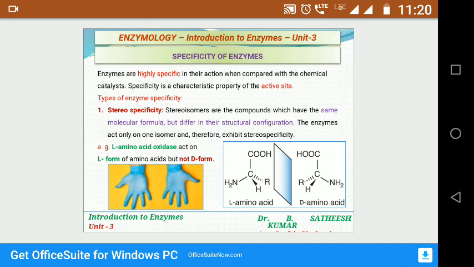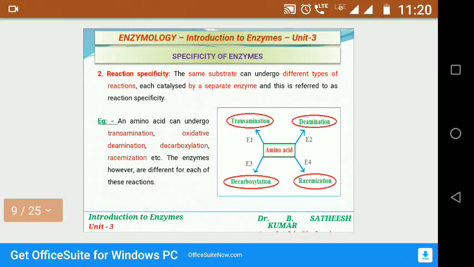The specificity is more, they even differentiate between different stereoisomers also. And the second specificity is reaction specificity. One single substrate may undergo different types of reactions which are catalyzed by different enzymes.